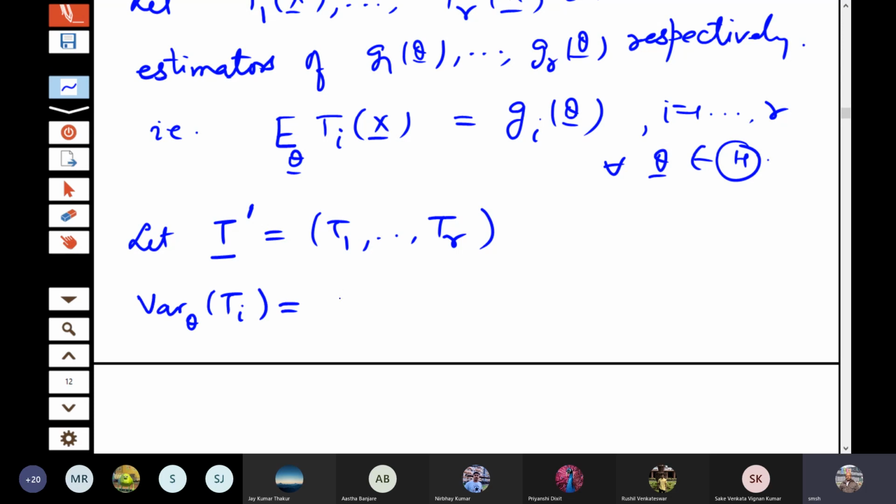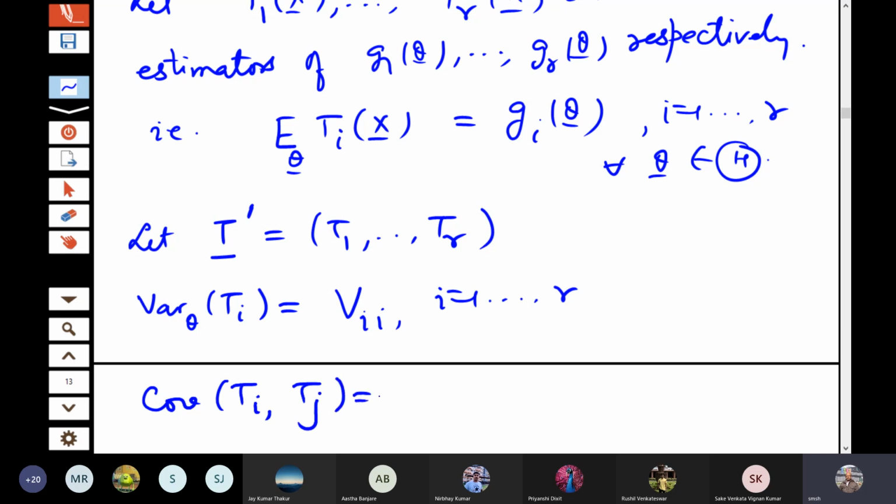Let the variance of Ti be equal to Vii for i equal to 1 to r, and the covariance between Ti and Tj be equal to Vij for i not equal to j, and of course i, j equal to 1 to r.